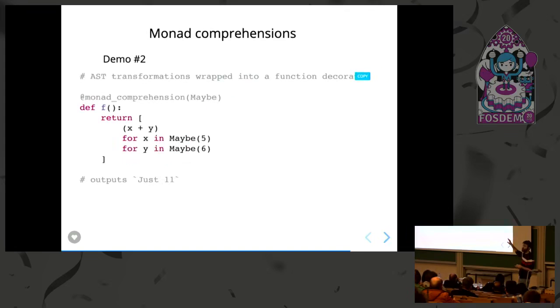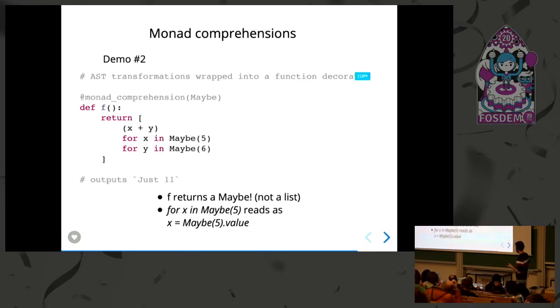Let's see another example with the maybe monad. Here we're just summing maybe 5 and maybe 6, and what we get is a maybe 11. So f returns a maybe, not a list. And for x in maybe 5, reads as x equal maybe 5 dot value.